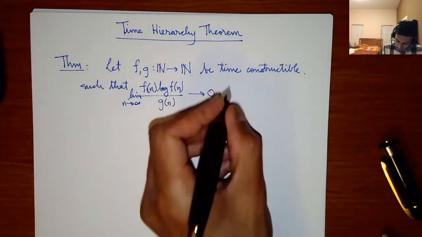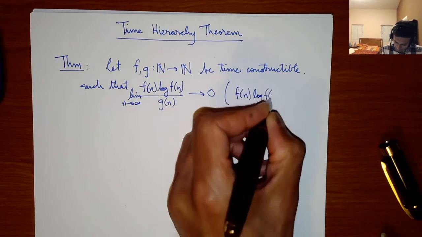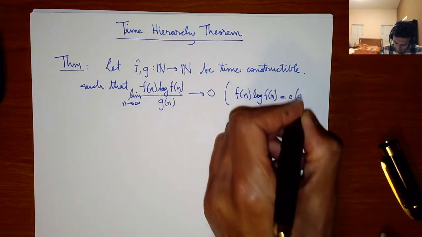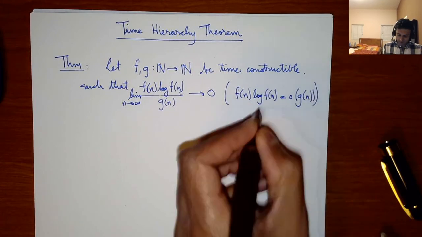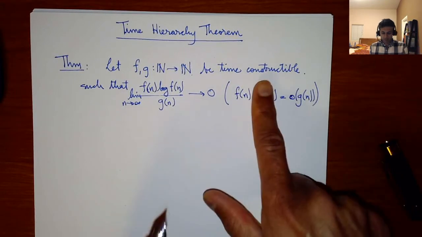This is in effect just saying that f(n) log f(n) is little o of g(n). If this condition is confusing, we'll come back to it. Just think of it as f(n) being smaller than g(n).